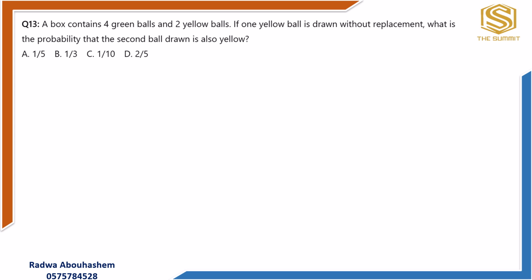A box contains 4 green balls and 2 yellow balls. If 1 yellow ball is drawn without replacement, what is the probability that the second ball drawn is also yellow? Okay. The total number of balls, 4 plus 2, is 6 balls. Good. And he says without replacement.